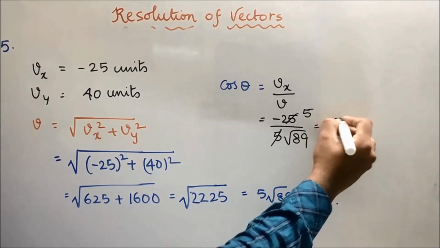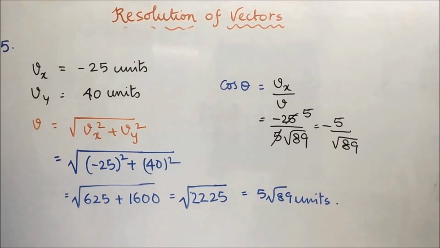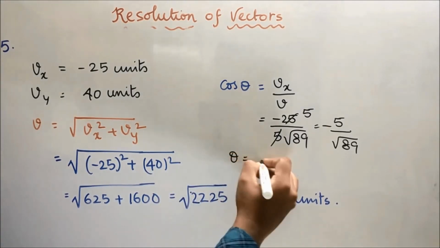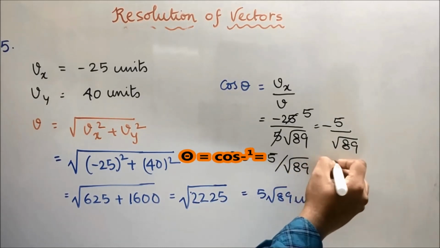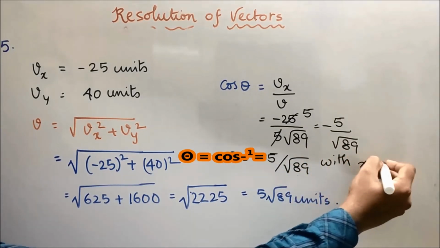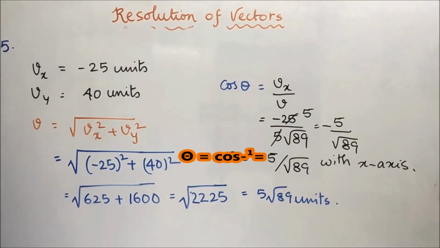So cos theta is equal to minus 5 by root 89. Therefore theta it makes cos inverse minus 5 by root 89 with x-axis. Remember, theta is made with x-axis. So option B.